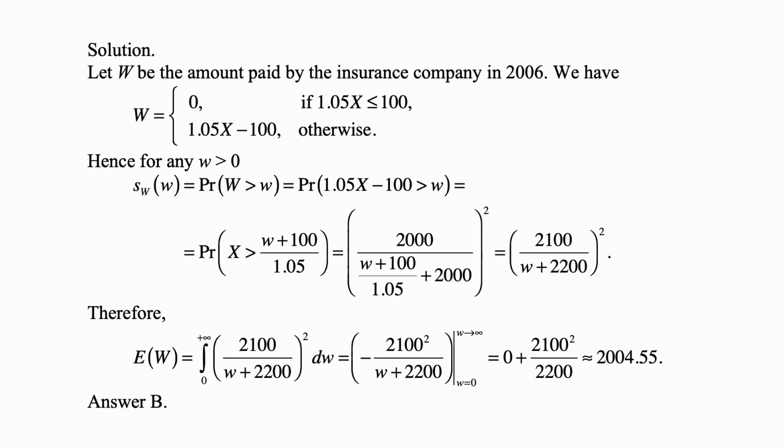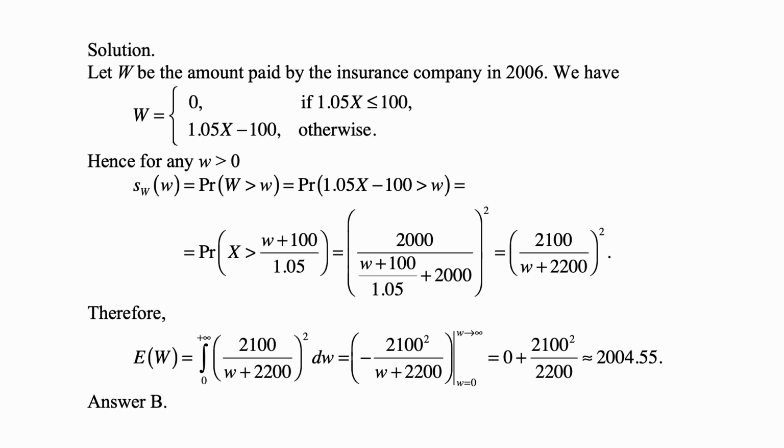is equal to the probability that W is greater than w, and that's of course only for positive values of w. But the random variable is positive with probability 1, and therefore we are really only concerned with this survival function to find the expected value using the Darth-Vader rule.